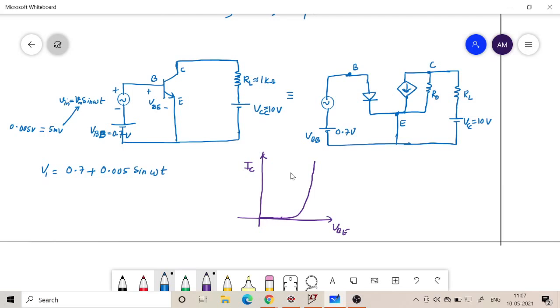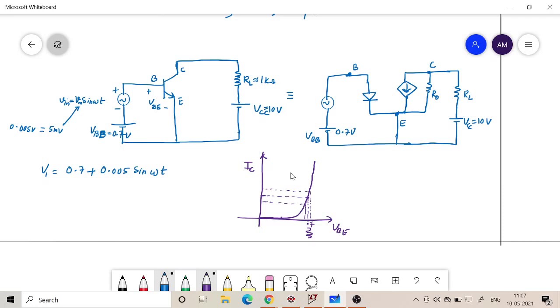Suppose this is 0.7, and I am applying a very small voltage here. That means around 0.7 I am just making a change with respect to time, and correspondingly I will get a variation in the collector current.